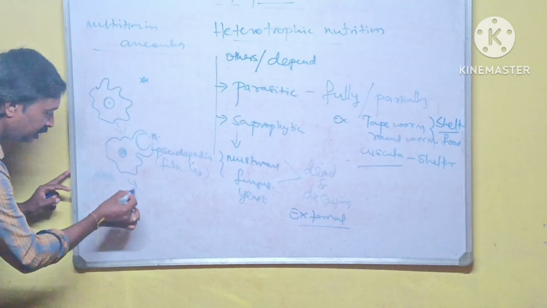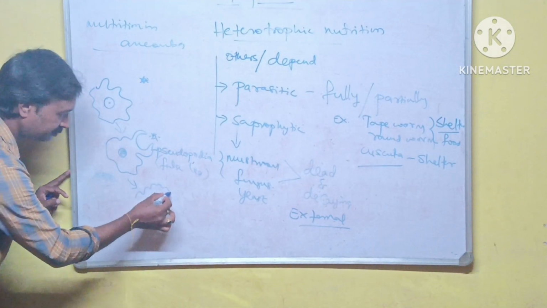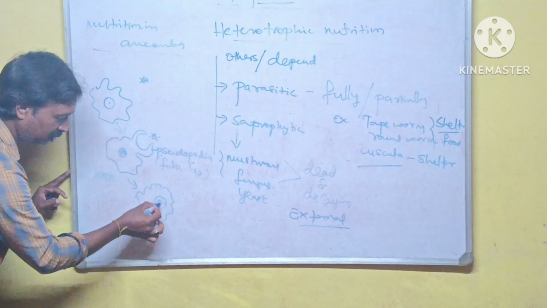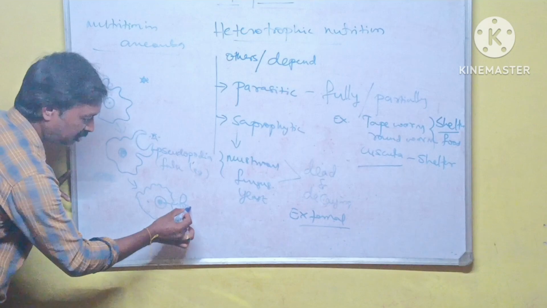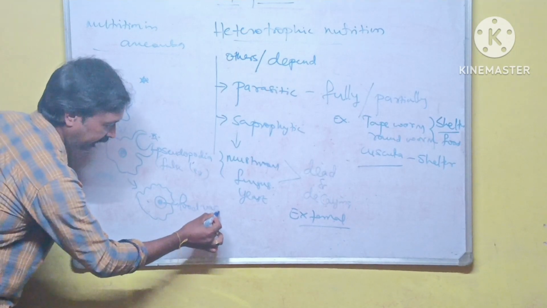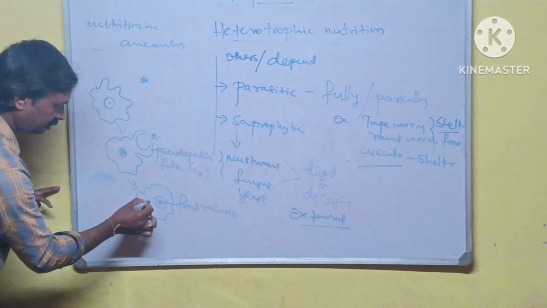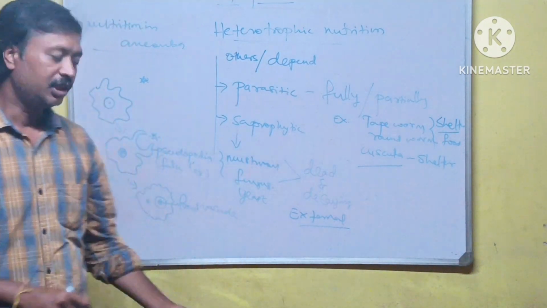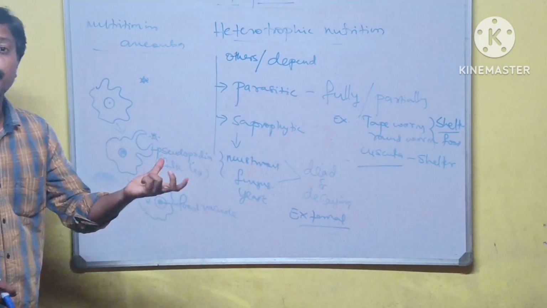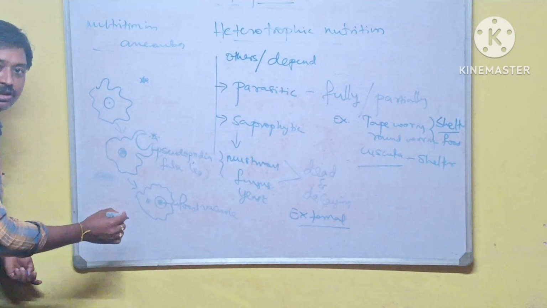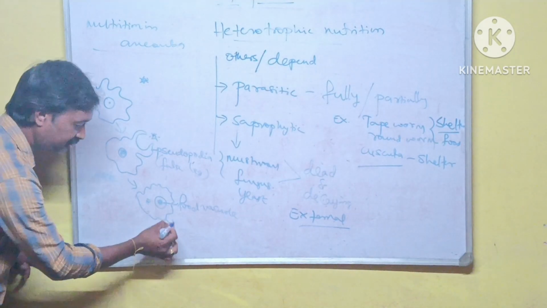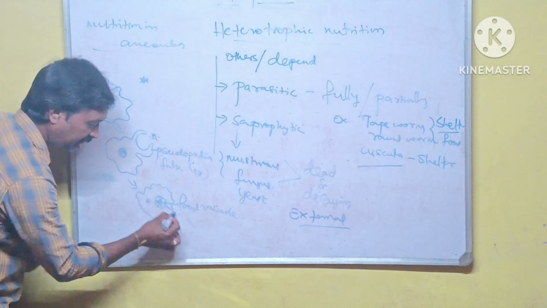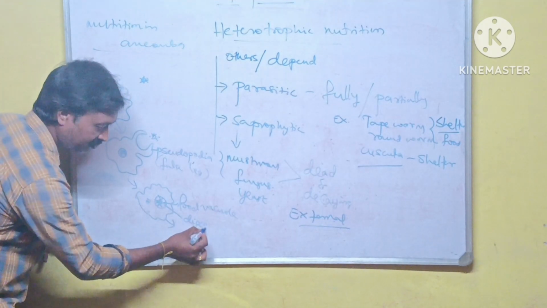Later on, it covers the food and makes a food vacuole. Remember, as soon as it captures the food by pseudopodia, it makes the food vacuole. That food vacuole produces an enzyme and digests the food.